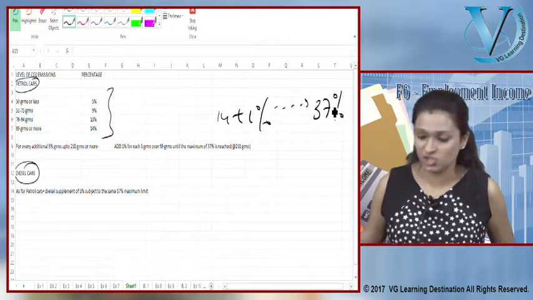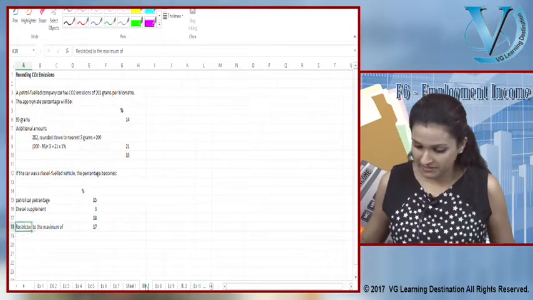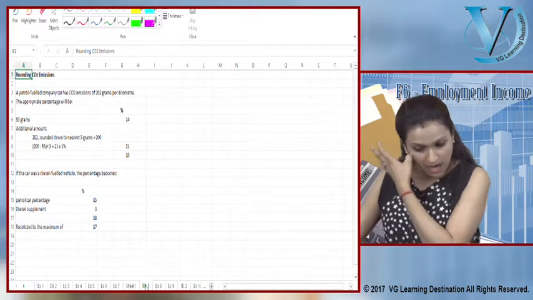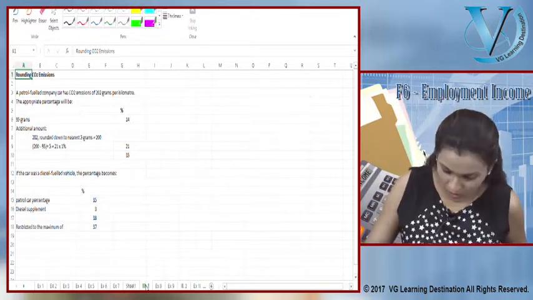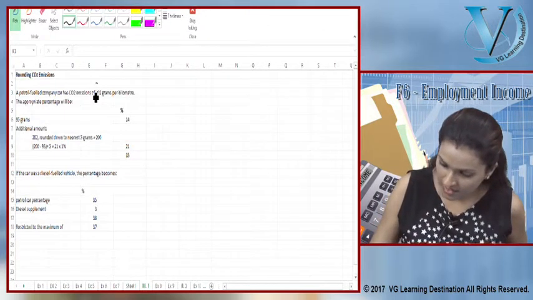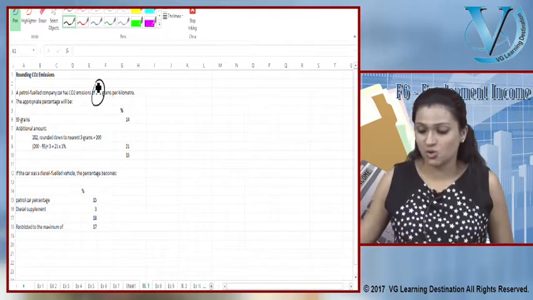Now let's quickly do this with the help of an example. Let's do an illustration to understand this a little better. Right, so what do we have? A petrol fueled company car has CO2 emissions of 202 grams per kilometer. The appropriate percentage is going to be what?